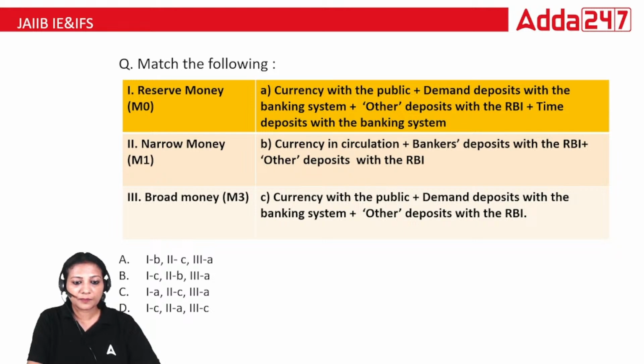Currency with the public plus demand deposit with the banking system plus other deposit with RBI plus time deposit with the banking system. Currency in circulation plus bankers deposit with the RBI plus other deposits with the RBI. Currency with the public plus demand deposit with the banking system plus other deposit with the RBI.